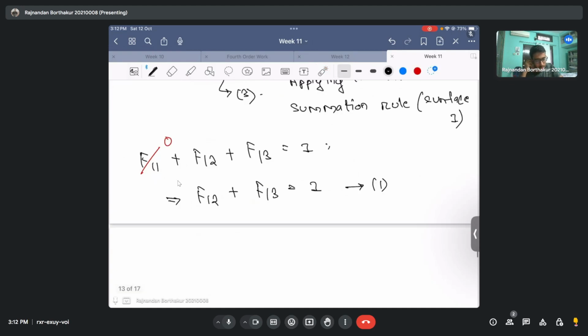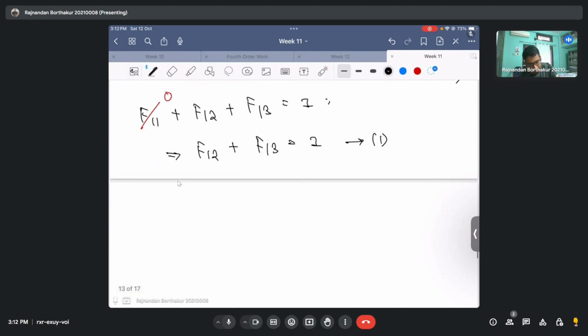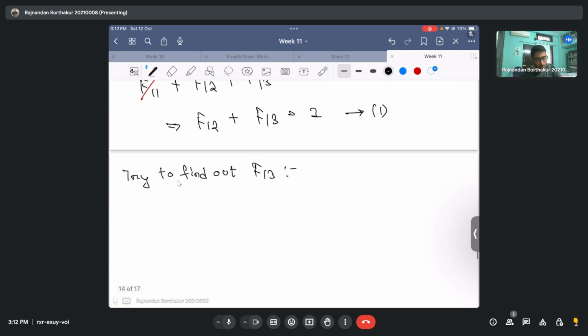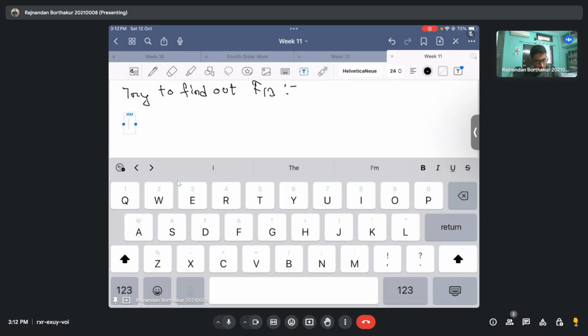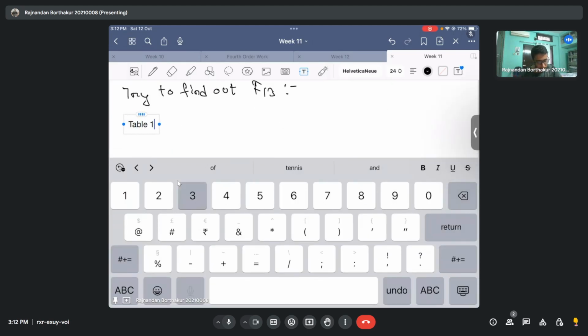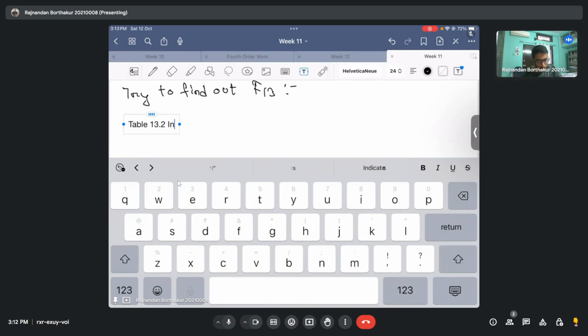So first we'll try to find out F13. For finding F13, you need to go to table 13.2 in the book by Incropera, Principles of Heat and Mass Transfer.